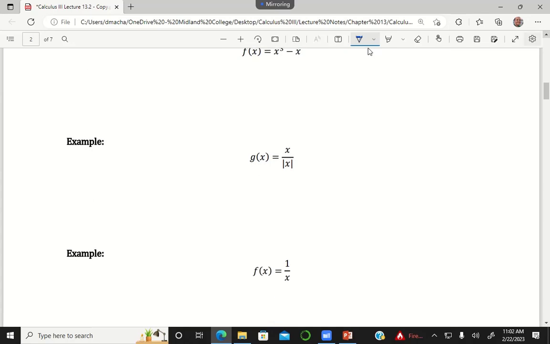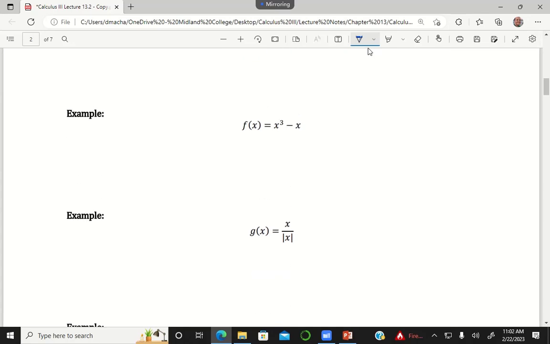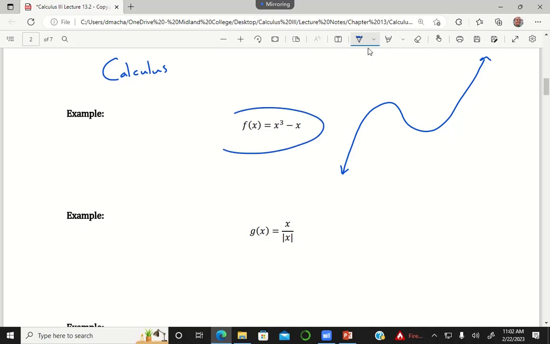So here's some examples. And these are all Calculus 1 type examples. That's where I'm going to start, just to remind you of the kind of things we can have for one variable. So the function x cubed minus x kind of looks like this. And this is a polynomial.